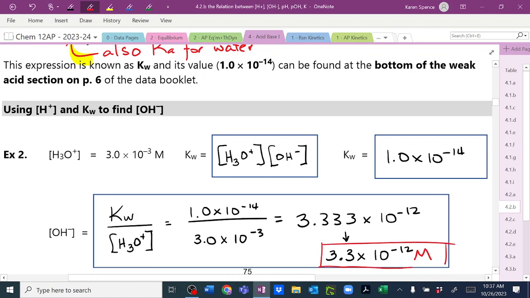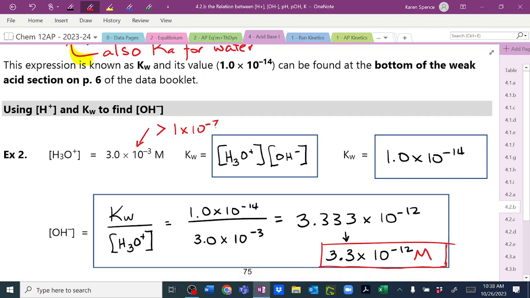Units. So anytime you have hydrogen, you can find hydroxide. Anytime you have hydroxide, you can find hydrogen, because this formula relates the 2. And did you notice here that this concentration of hydrogen is greater than 1 times 10 to the negative 7? Yes?